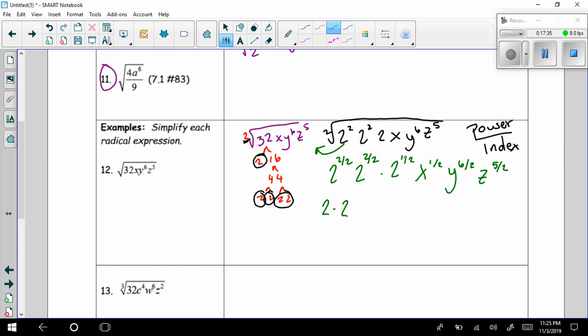1 over 2, though, doesn't make a whole, which means we have a remainder of 1. So as far as underneath my radical goes, I know I have at least a 2 left. All right? Here I also have that x left because I just have 1 out of 2.